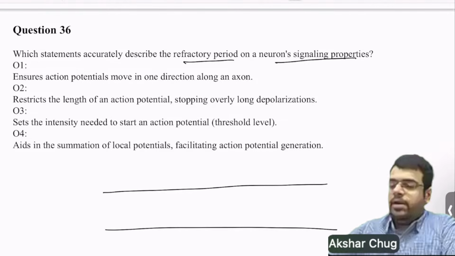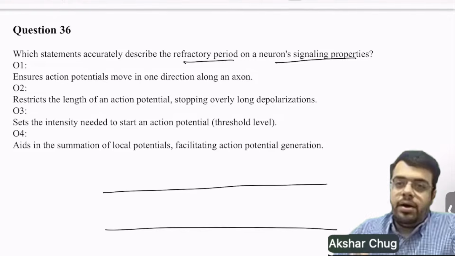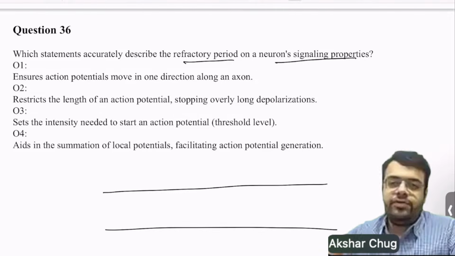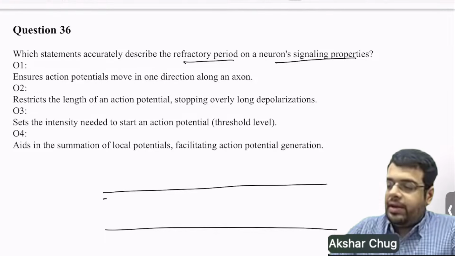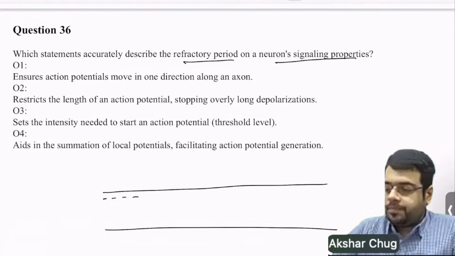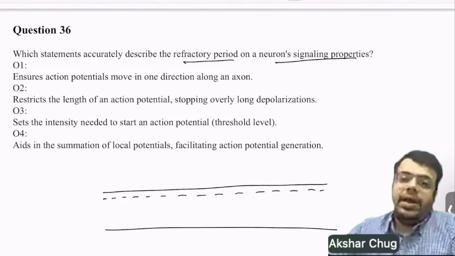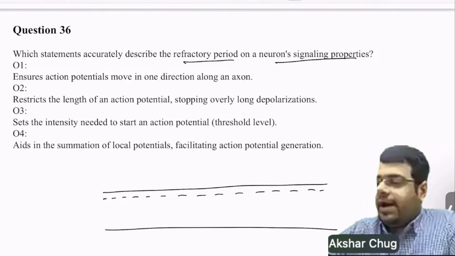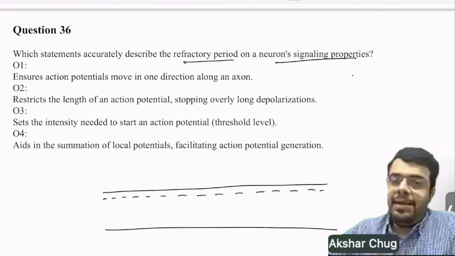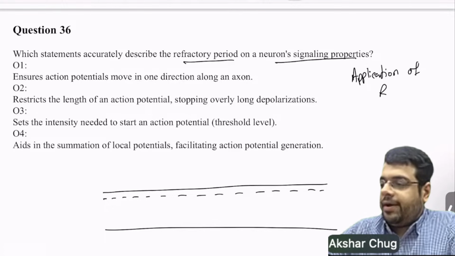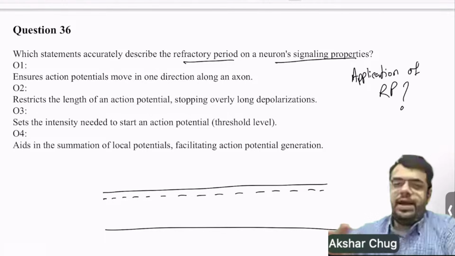Now let's suppose that the neuron is negatively charged inside. It maintains a negative resting membrane potential throughout. Now, what we are asked is what is the application of the refractory period?